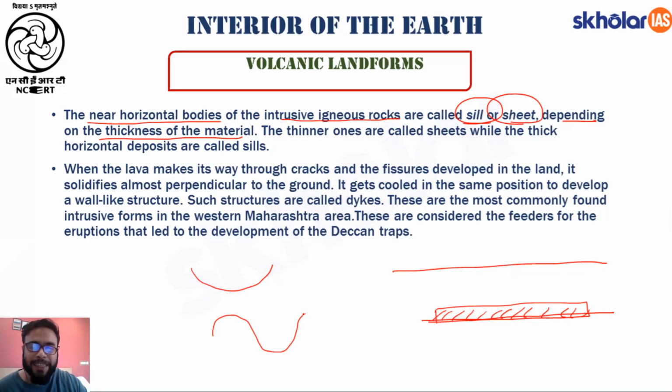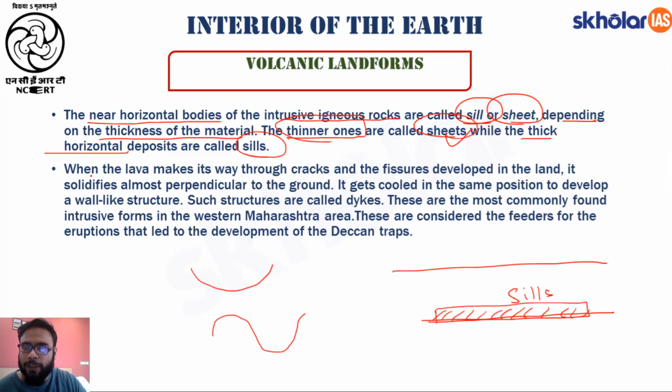But in case of sills, they get deposited horizontally along the beds of the plane, and these are called your sills. Understood? Depending upon the thickness, the thinner ones are called sheets, while the thick horizontal deposits are called sills. Now what is the difference between sills and sheets? Sills will have larger thickness, whereas sheets will have a smaller thickness, or will be thinner.